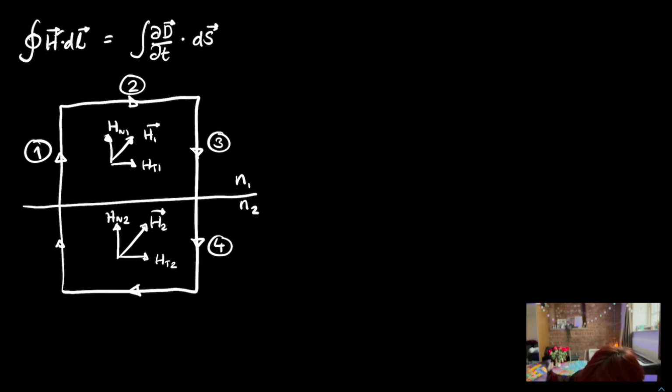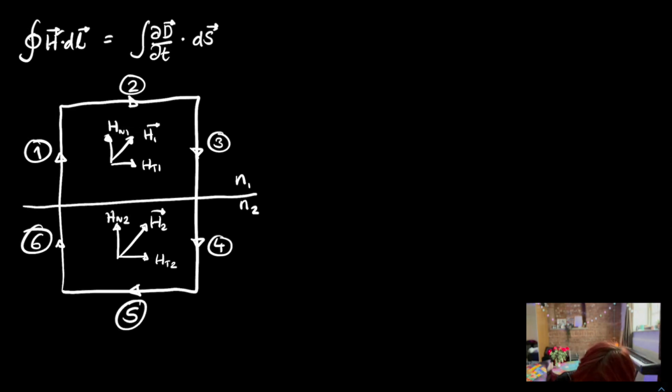Those are all of our vectors with their components right here. And so, like we did with Maxwell's third equation, we are going to break apart our loop into 6 components right here. So we get this part right here, this part right here, and all of the rest of them going around our closed loop.